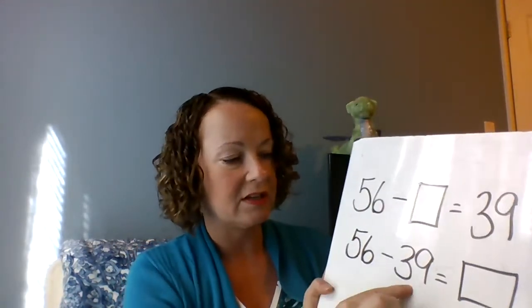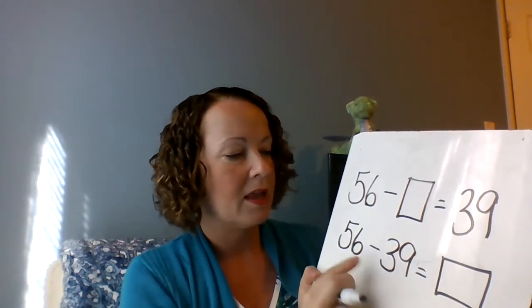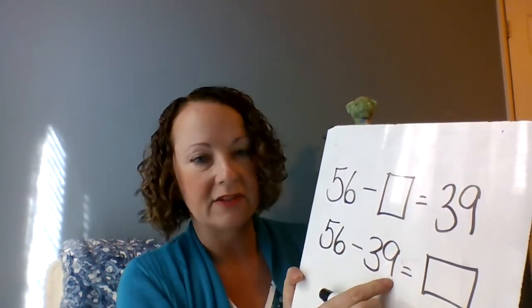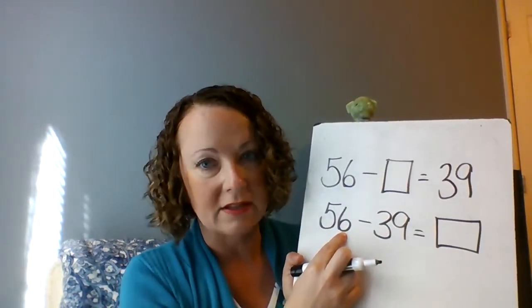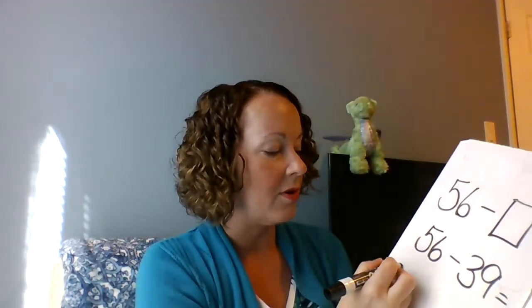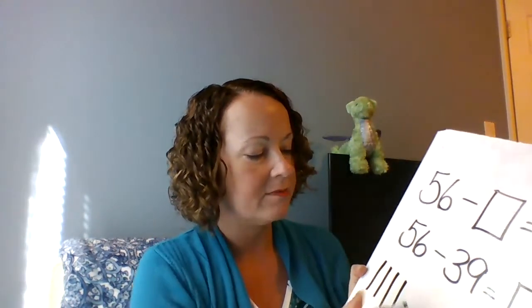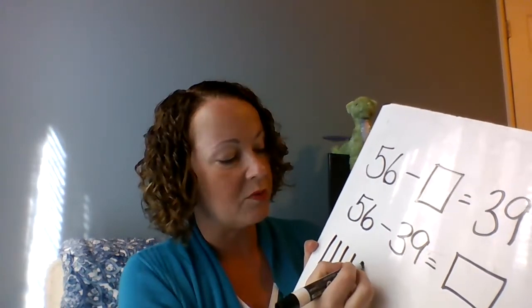Draw out 56, take 39 away. Okay? Now I'm going to start looking at the ones. I have to take 9 ones away. I only have 6 ones in this problem. That's not going to be enough. So again, I'm going to save myself a step by drawing out 40 in tens. Then I'm going to make the last set of 10 with ones.